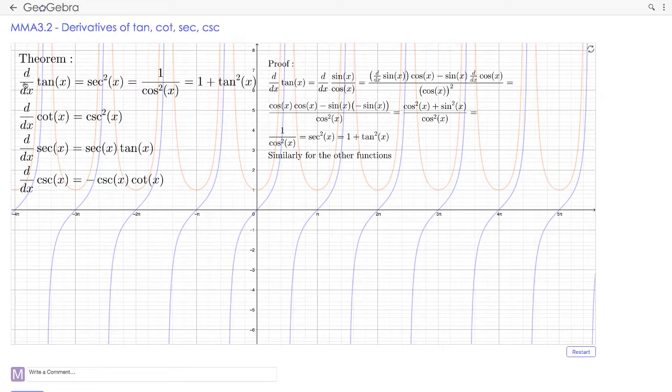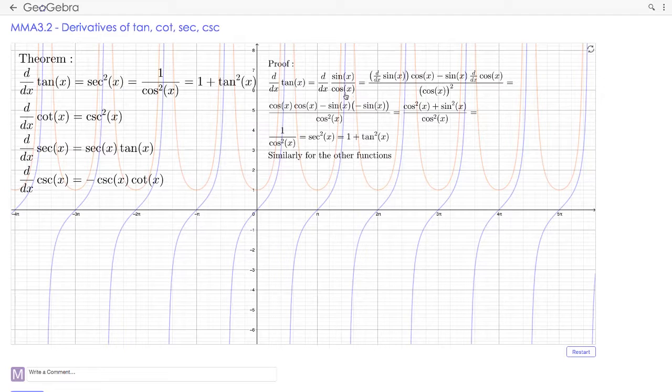So if we want to differentiate the tangent function, we should just differentiate sine of x over cosine of x. And last time we looked at how to differentiate functions that are written as fractions of two other functions, right? So the rule was that first we differentiate the function on top, that gives us d/dx of sine of x. On this page I will write d/dx instead of primes because it might look strange for sine and cosine.